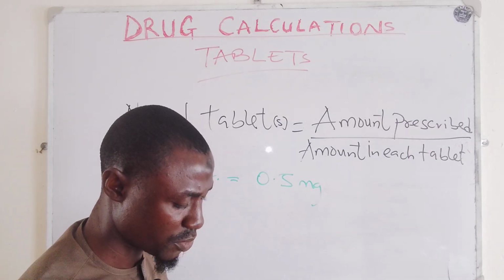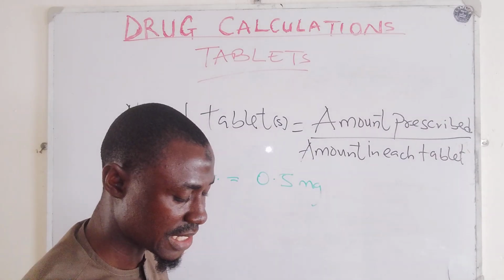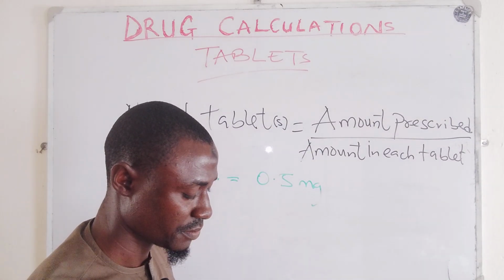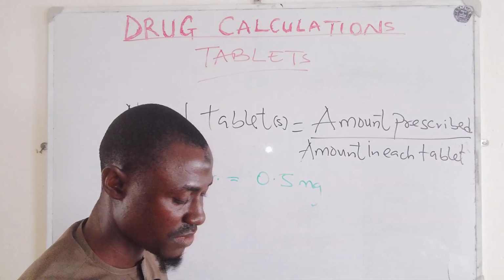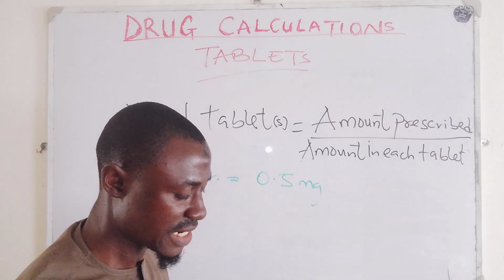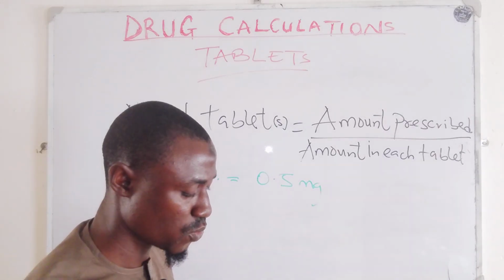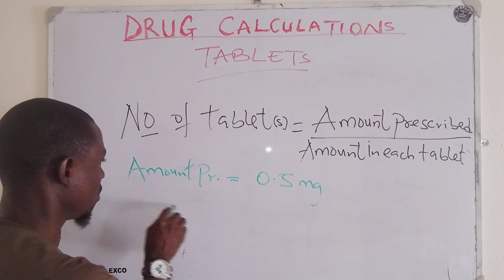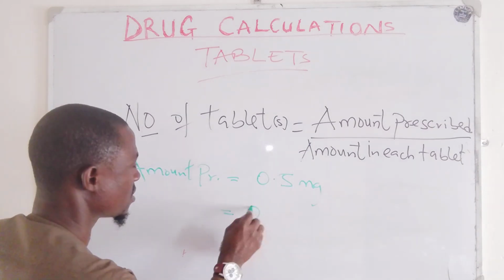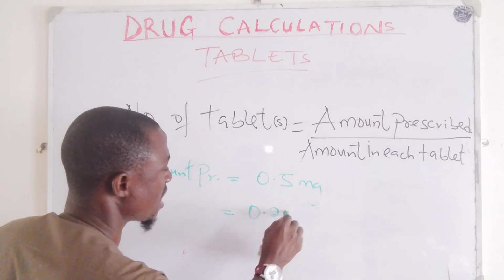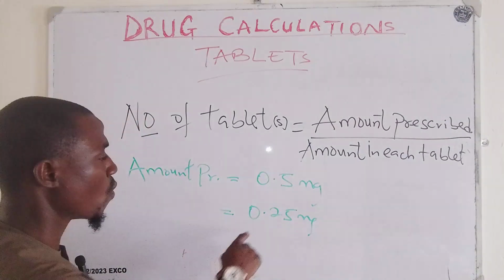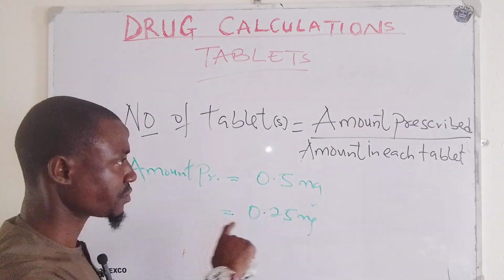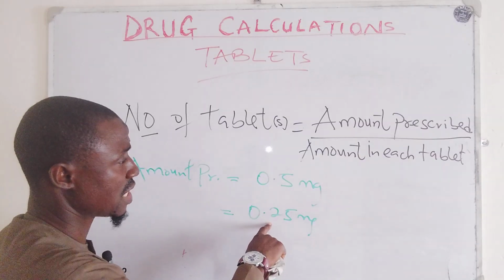The pharmacy provides digoxin tablets in a strength of 0.25 milligram. Now, what this aspect about the pharmacy means is the drug that has been given.